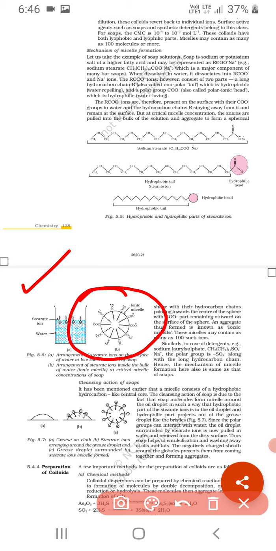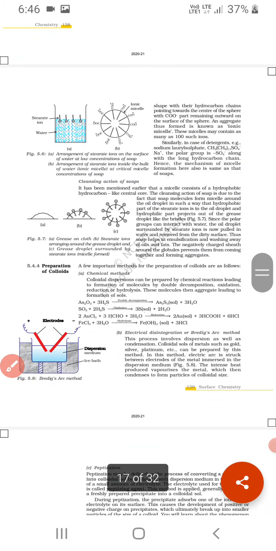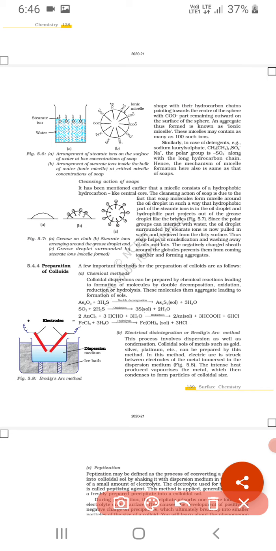Along with micelle formation, we also have to discuss the cleansing action of soap. So students, let's start. As we all know, when we use soap for cleaning cloth, there are dirt or grease particles stuck in the clothes. Initially, this is the dirt portion, the grease area on the cloth.